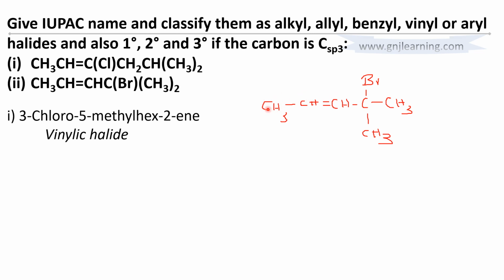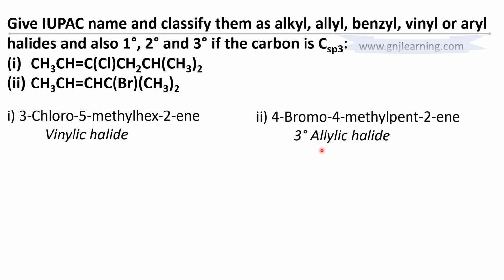So it is 1, 2, 3, 4, 5 pentene, and the ene is on the second carbon. So pent-2-ene is the parent. And on the fourth carbon atom I have bromine and methyl. So 4-bromo-4-methyl-pent-2-ene.